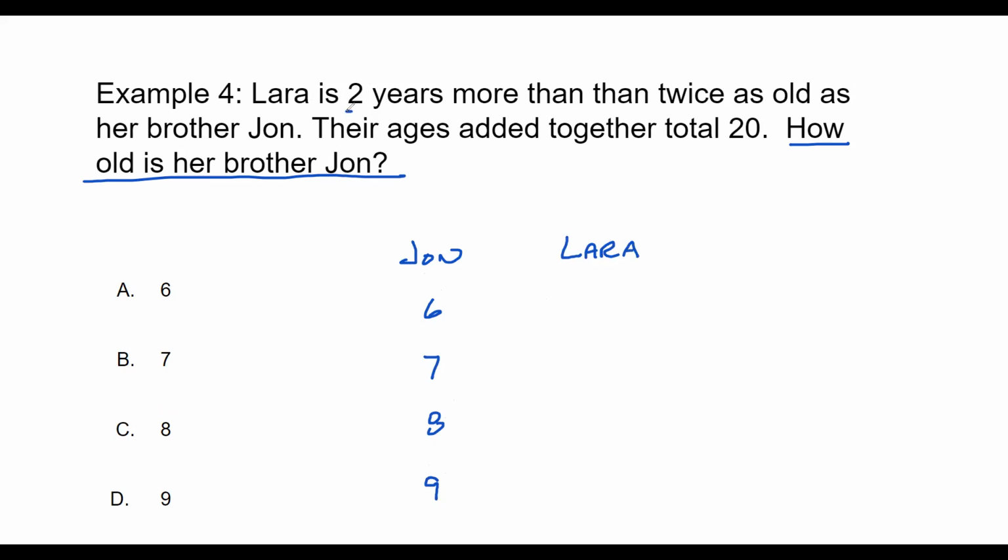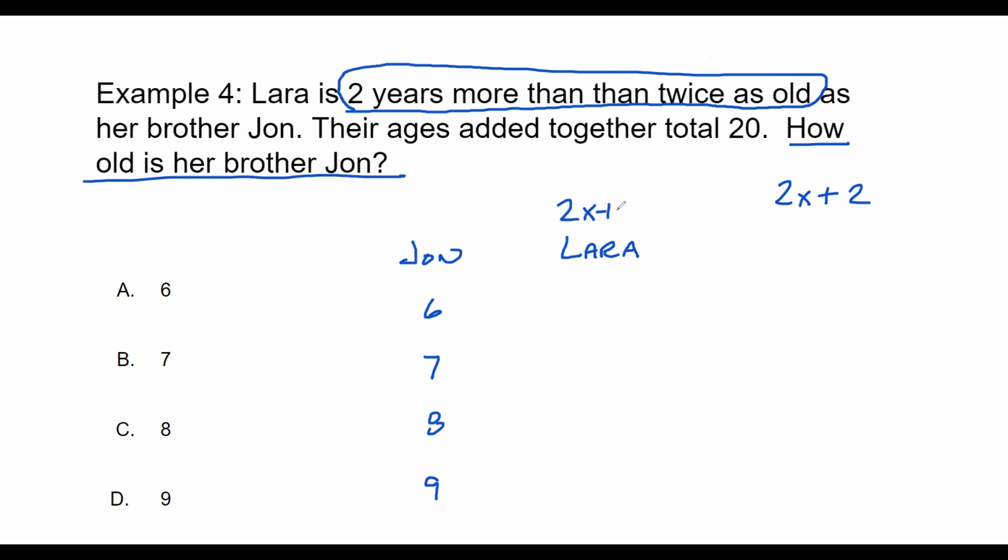Now, this is where we have to use the logic in this problem. She is 2 years more than twice as old as John. So if you remember when we were doing translation, 2 years more than twice as old would be 2x plus 2. Twice as old plus 2 years. So what we're going to want to do is apply that here.